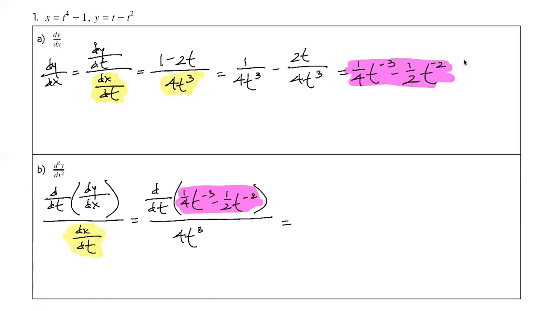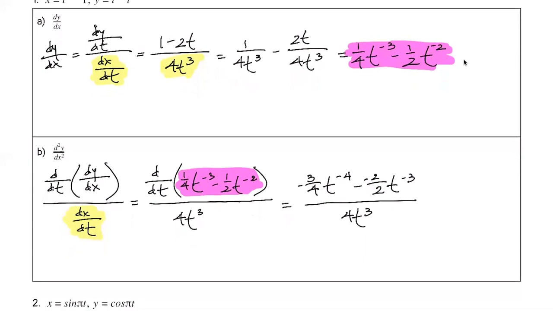Okay, so let's take our derivatives. This will give me negative 3 over 4 t to the negative 4 minus negative 2 over 2 t to the negative 3, all over 4t cubed. Okay.